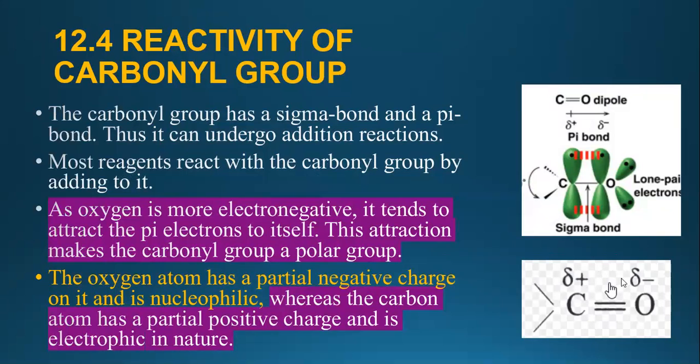As a result of this polarity, the carbon gets a partial positive charge while the oxygen carries a partial negative charge. The partial positive character of the carbonyl carbon shows its electrophilic nature, and this is discussed in terms of the electrophilicity of the carbonyl group.